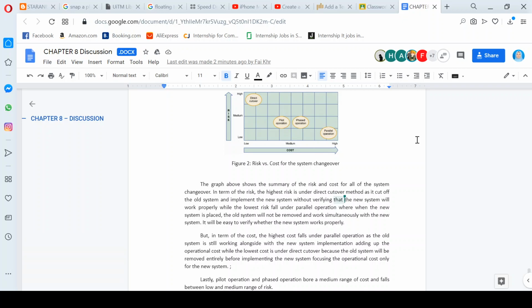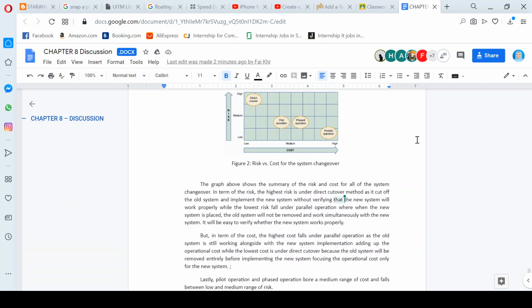Okay, so that is a bit of recap for chapter number 8. Chapter number 8 is about implementation. We still have another one more chapter to be completed, chapter number 9.